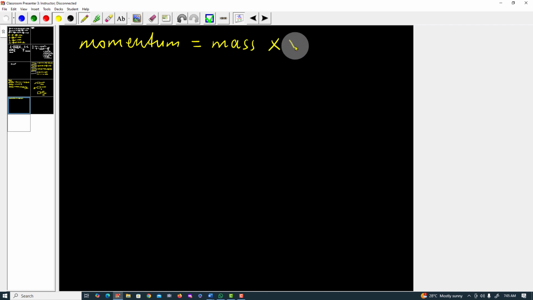So once you get the mass of the object, multiply by its velocity, you're going to get a physical quantity which we refer to as momentum. The symbol that we use for momentum is P. So we can say P is going to be equal to mv.